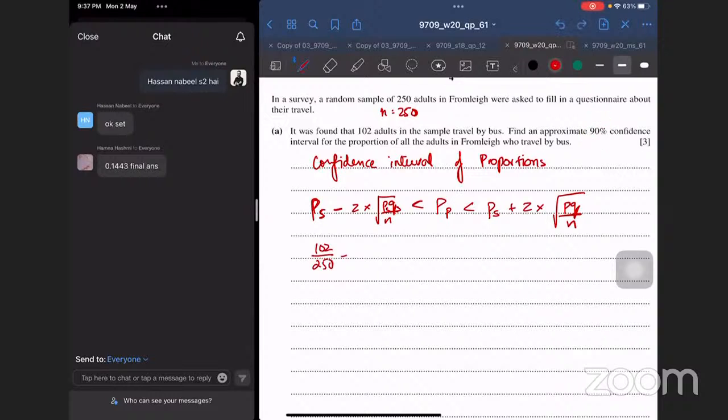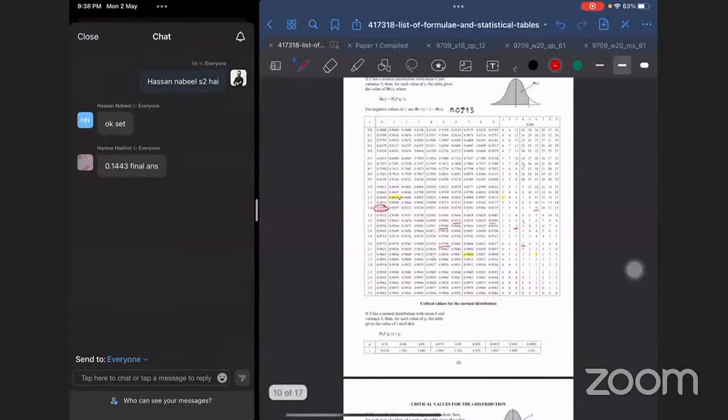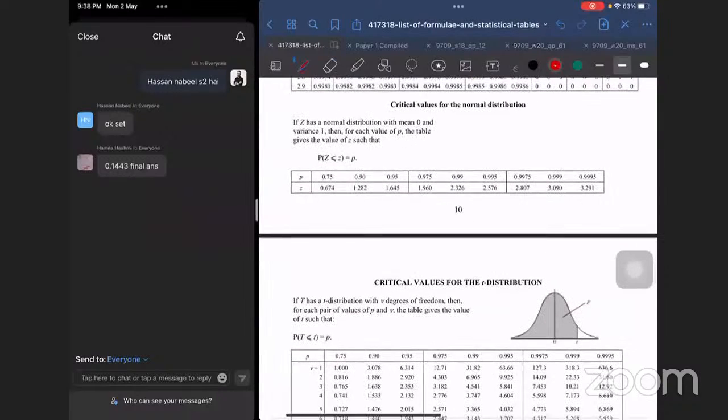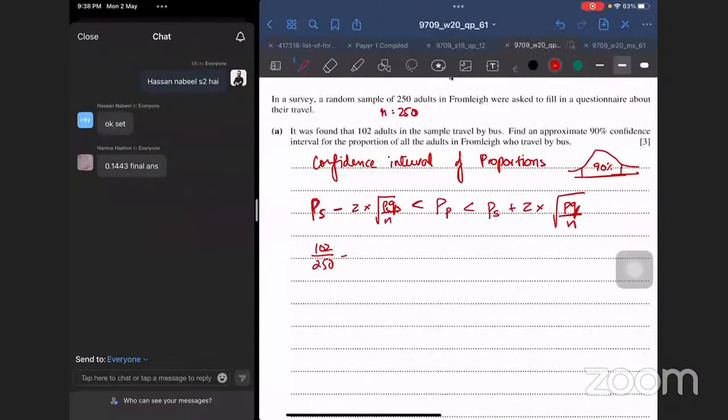Now a 90% confidence interval means that I have to look at the Z value for 95%, which is 1.645. So 1.645 into, now since the numbers are large, let me just calculate this in decimals.